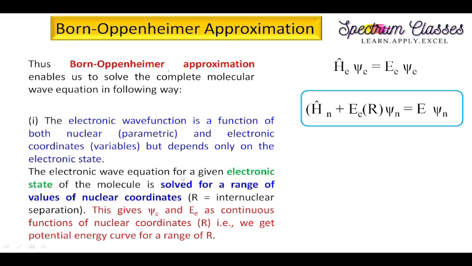The electronic wave equation for a given electronic state of a molecule is solved for a range of values of nuclear coordinate. For one value of nuclear coordinate, this gives one set of psi e and eigenvalue of electronic states, and that will be a continuous function of the nuclear coordinates. In this manner we will get the potential energy curve.